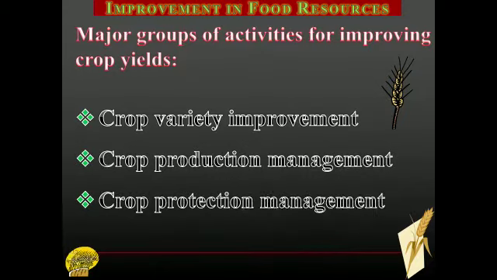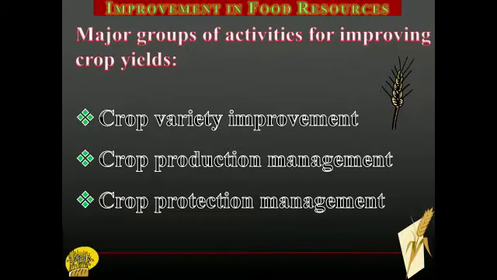Crop variety improvement deals with selecting the best type of seeds, whereas crop production management deals with nutrients and water requirement of plant, and crop protection deals with protecting them from various types of pests as well as from abiotic stresses.